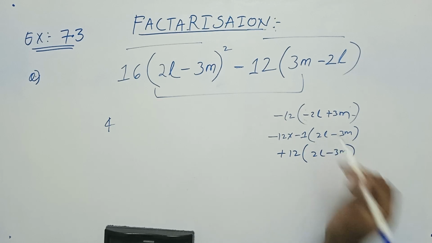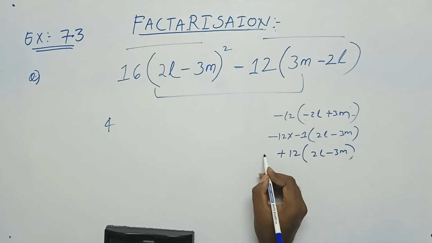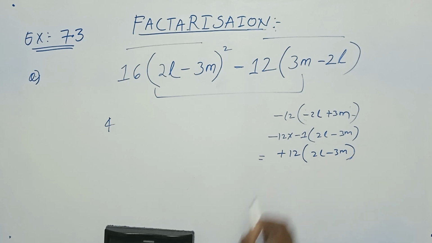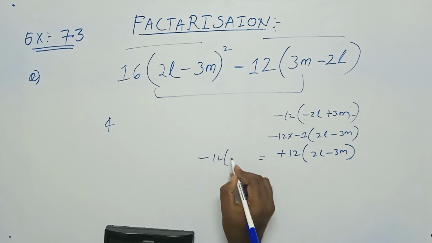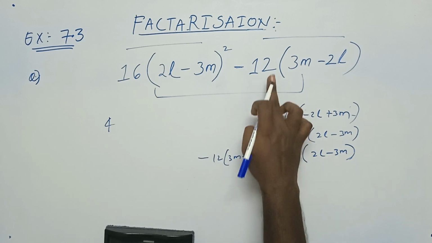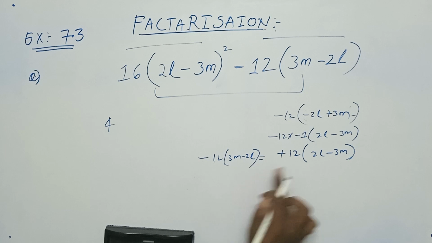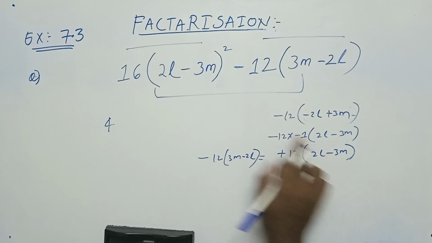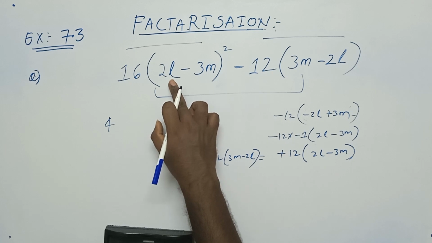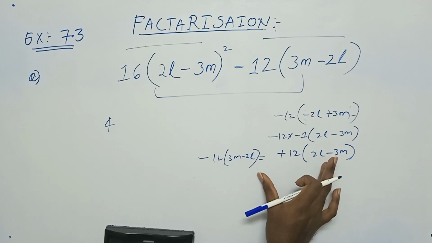That means the value does not change; it is equal to minus 12 of (3m minus 2l), the actual value which is given. We are just changing the terms, and changing the terms does not mean that the value changes. We are just making the terms resemble 2l minus 3m. We are changing the signs, but that does not mean we are changing the values.